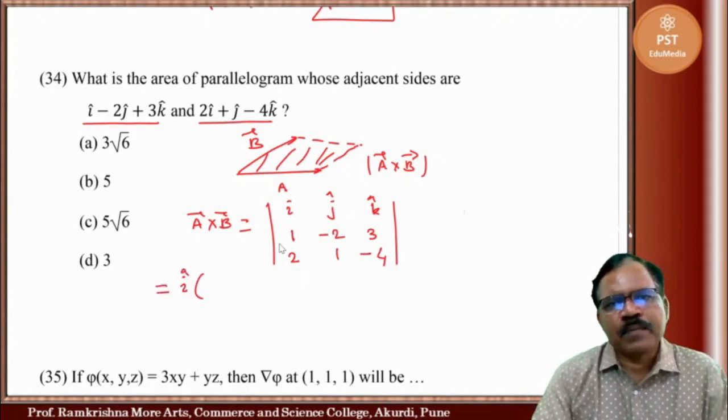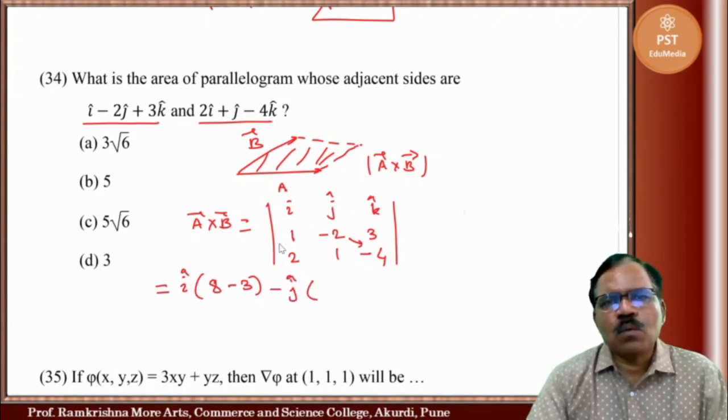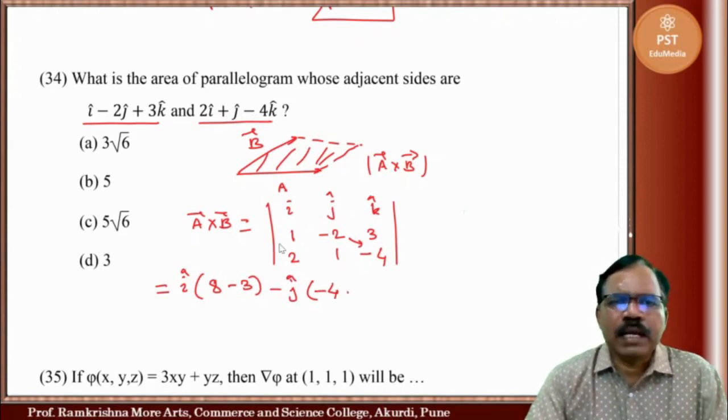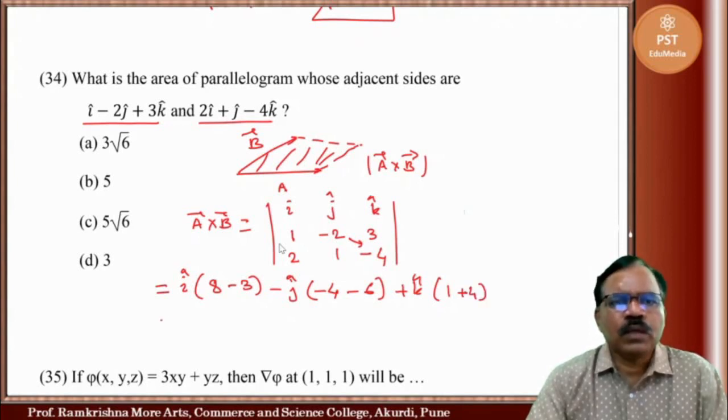i multiplied by, now minus 2 into minus 4, that is 8, minus 3, minus j, now 1 into minus 4, that is minus 4, minus 2 into 3, that is minus 6, plus k. k is 1 into 1, that is 1, minus 2 times 2, that is minus 4, so we'll get here plus 5k. So we'll get here 5i plus 10j plus 5k.